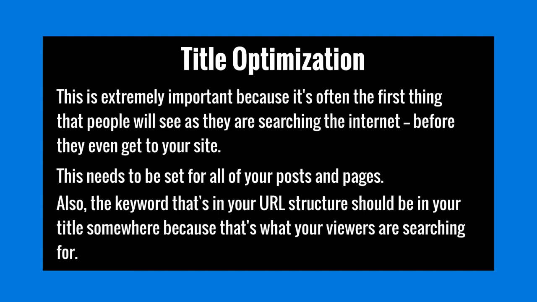Now, sometimes people will put the keyword straight up in the beginning and they'll put the keyword dash whatever. But what I recommend that you do is put the keyword in the title, but you want to make sure that it sounds right. It's got to be human friendly first, and then secondary, search engine friendly. Because at the end of the day, the way Google is moving towards long-term is towards engagement, more social engagement, people engagement.